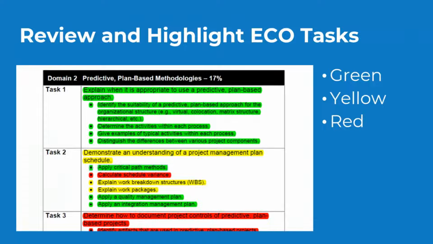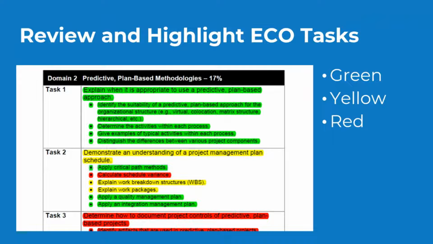Yellow would be, heard about it, kind of think I know what I do here. Might be worth looking into one more time. And then obviously red would be, what on earth is this? Example here is the schedule variance that we looked at in the question earlier on.